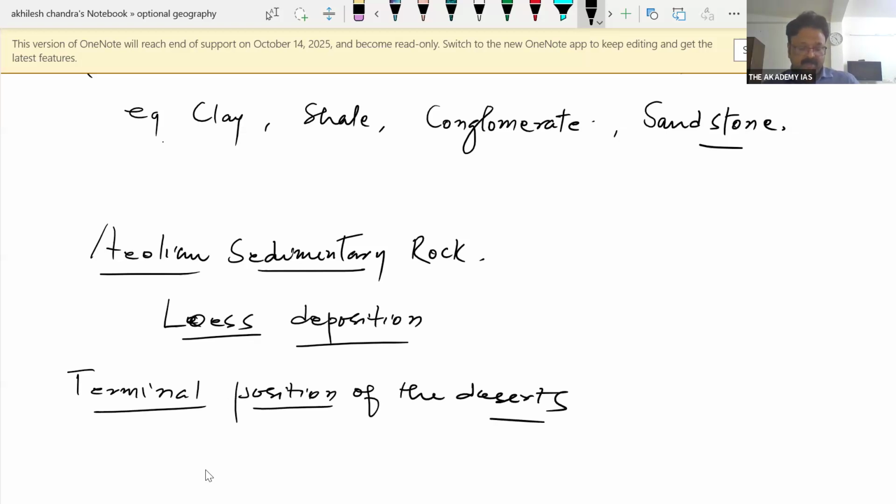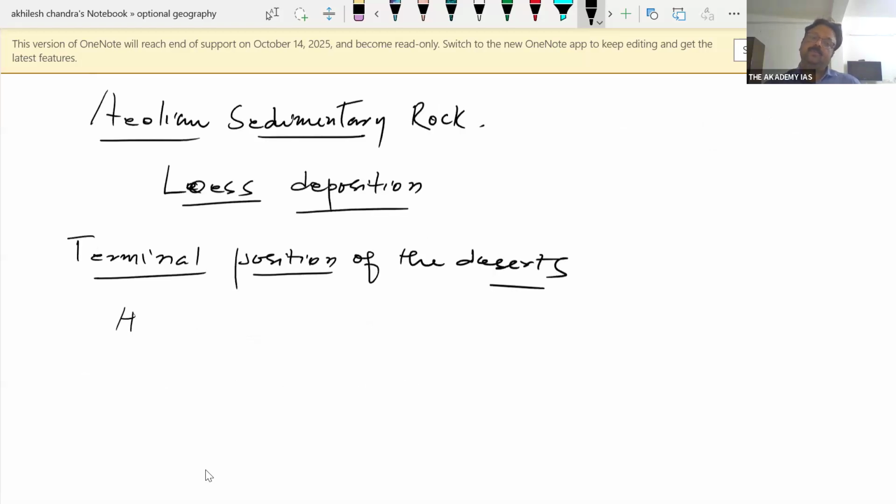Fine. And the best example is the Yellow River, Hwang Ho River. You'll find that the Hwang Ho River Valley is deposited by the Gobi Desert.